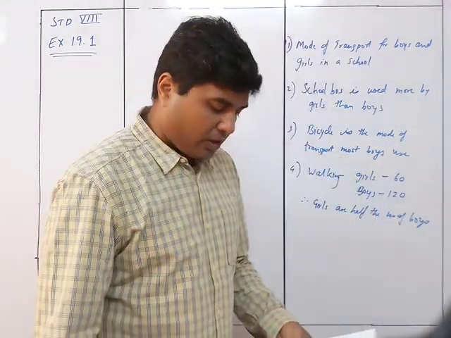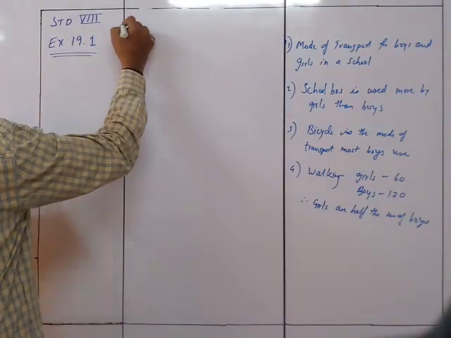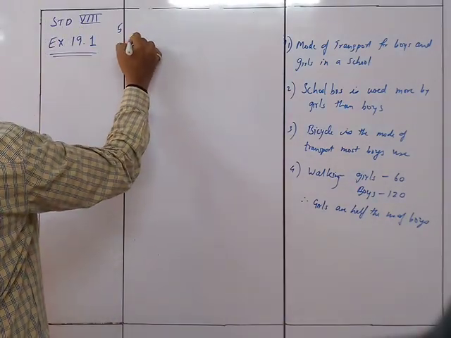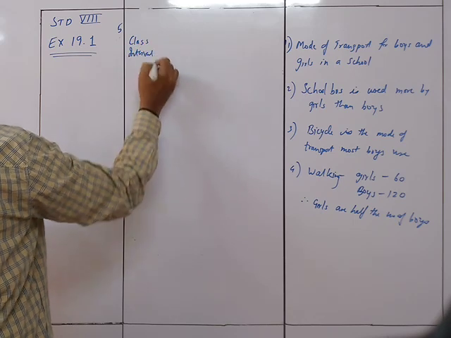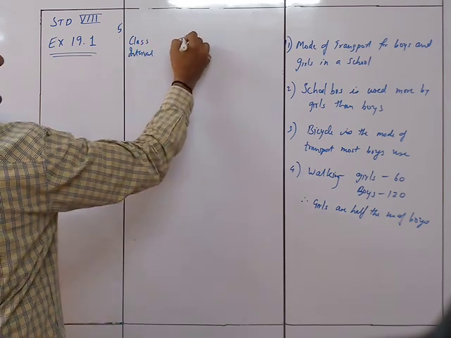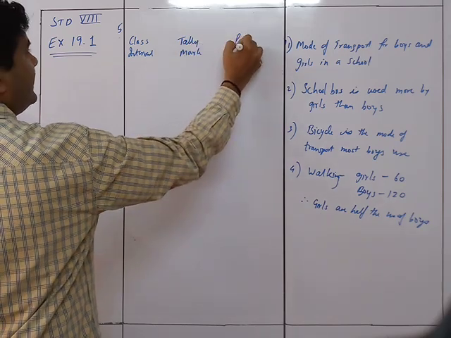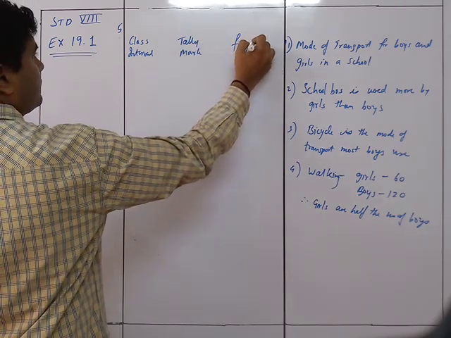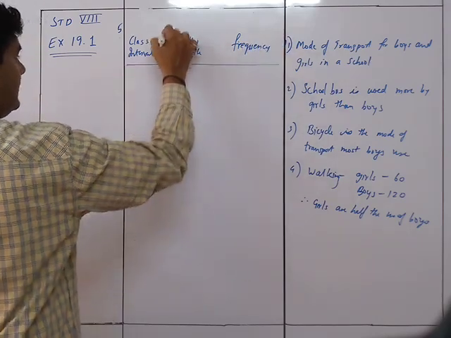So we'll first of all make the table. The table will contain first the class interval. The next will be tally marks. And finally frequency. Okay, this is the table which is going to be formed like this.